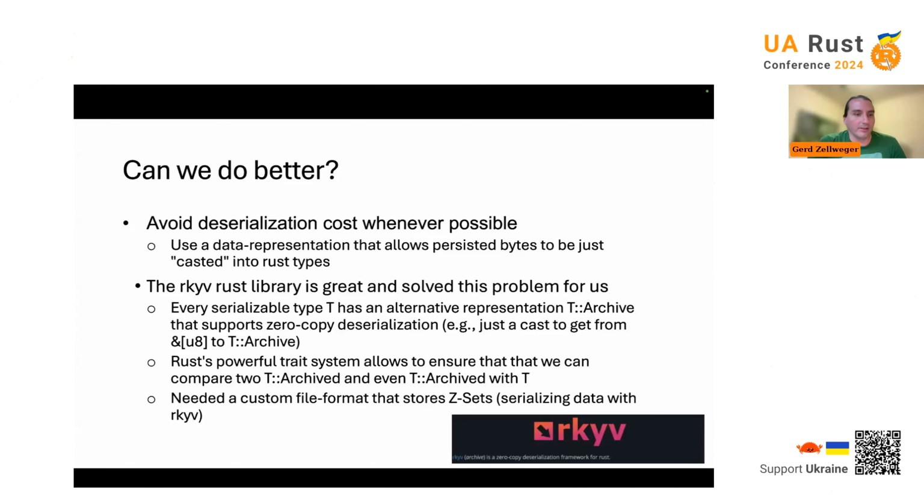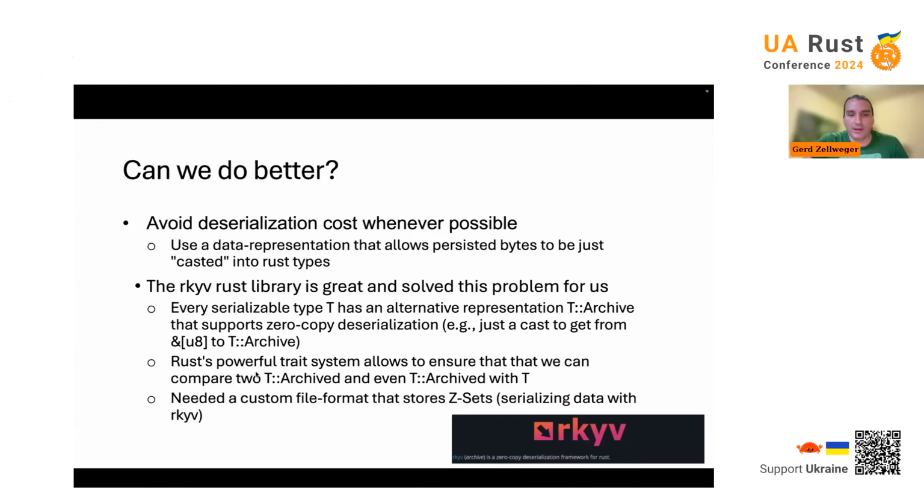In archive, every serialized type T has an alternative representation, T::Archived, and with the archived type that you get from just applying a macro to the original type, you can do zero-copy deserialization, right? You can just cast the bytes that you're getting, that slice, to the archived type, and everything should work great.